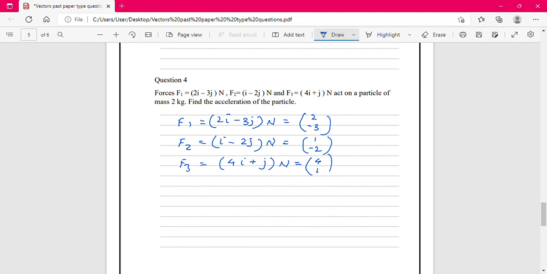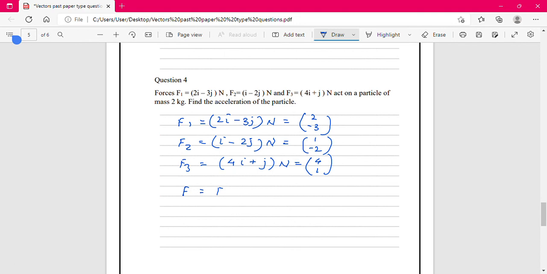Now, these three forces are acting on a particle of mass 2 kg. We have to find the acceleration of the particle. So first we'll find the resultant force F. Resultant force is the vector sum of all the forces acting on the particle.